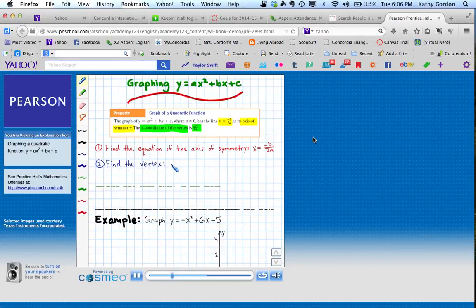And from the property, we know that the x-coordinate of the vertex is the opposite of b over 2 times a, and we can find the y-coordinate by substituting that x-coordinate into the equation. Step 3 of our problem is to find two other points on the graph, one of them being the y-intercept. So we want to find the y-intercept as one of those points.